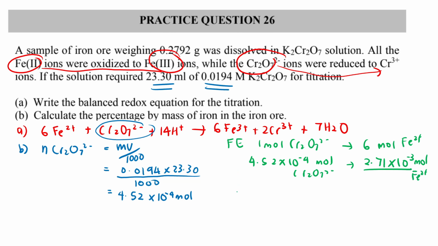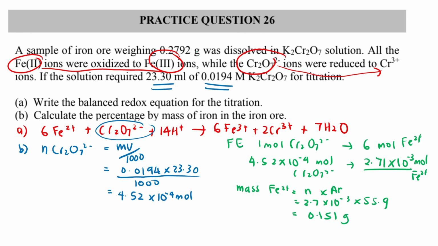So from the mol we can calculate the mass. The mass of Fe2 plus is mol times Ar. So 2.71 exponent negative 3 times 55.9 gives 0.151 gram.